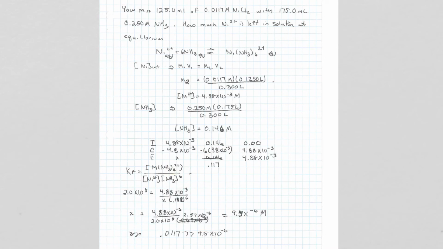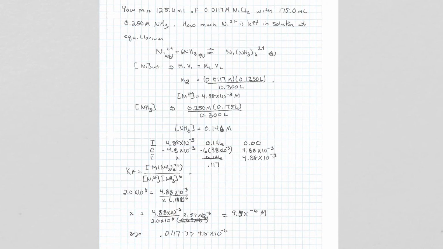We just looked at one type of very common problem that we can do with these KF equilibria, that is to combine it with a solubility equilibrium to make it easier to dissolve those materials and increase the solubility.